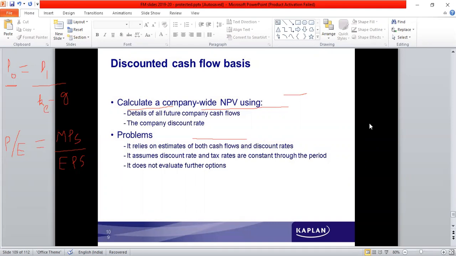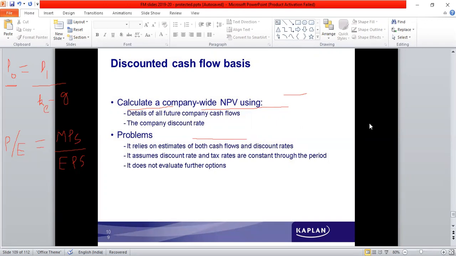No. As time passes by, the risk also increases. When the risk increases, we have to use a higher discount rate to adjust for the risk, so the discount rate also has to be adjusted. So that is not the reality. That doesn't work out.